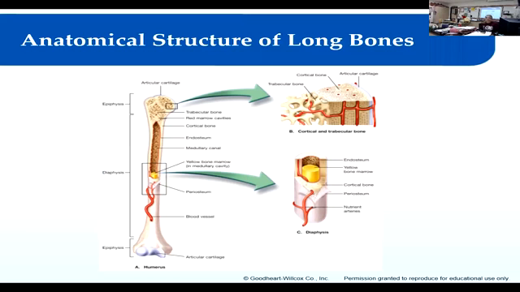Okay, now yellow marrow, and you need to write this down too. Yellow marrow is really just fat storage. So it stores fat on the inside. So we find that inside the middle section of long bones.